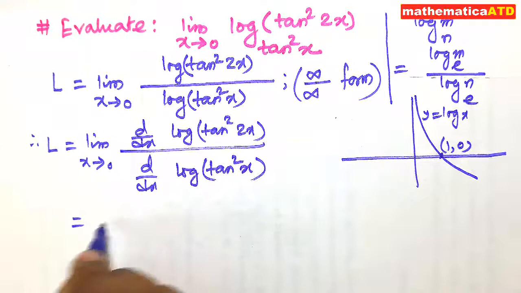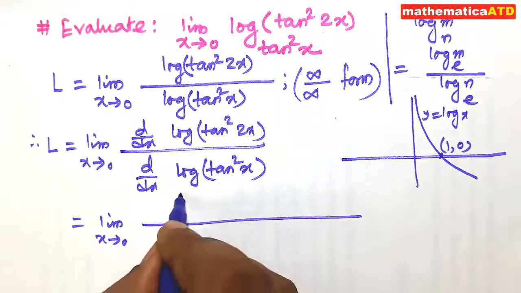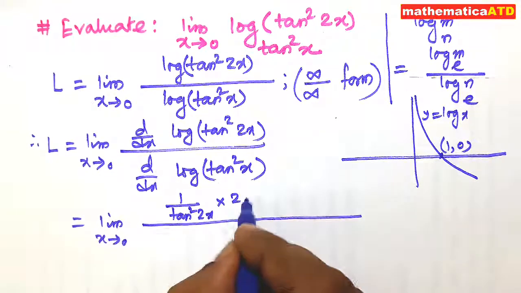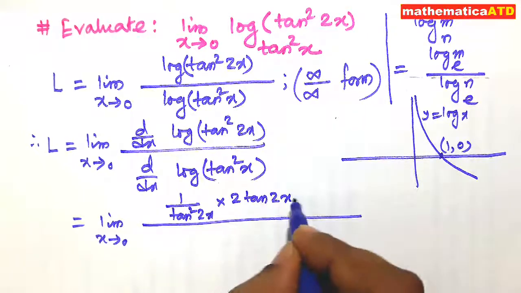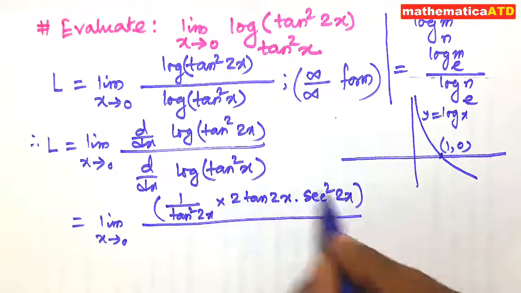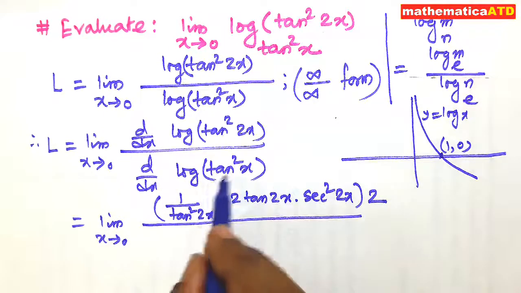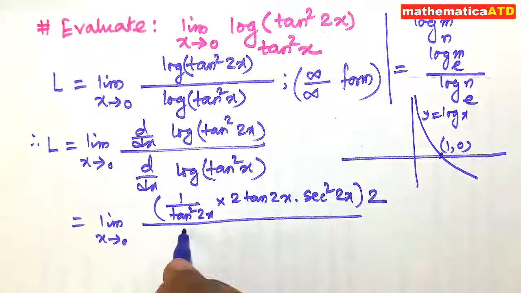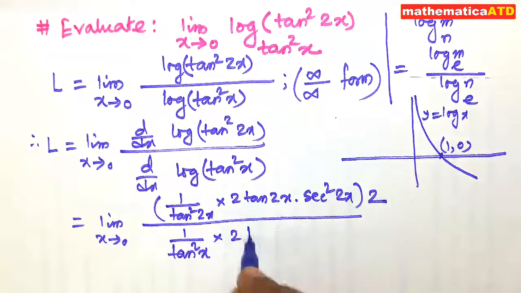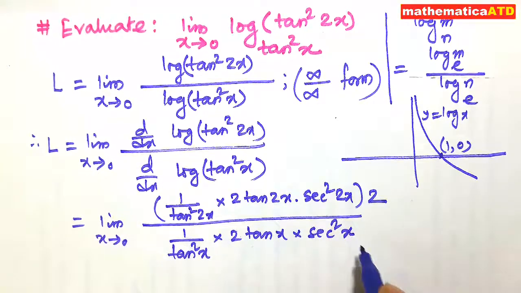So this is equal to limit x tends to 0 of 1 by tan 2x into sec square 2x into the derivative of 2x, that is 2, divided by the derivative of log of tan x, that is 1 by tan x into sec square x.